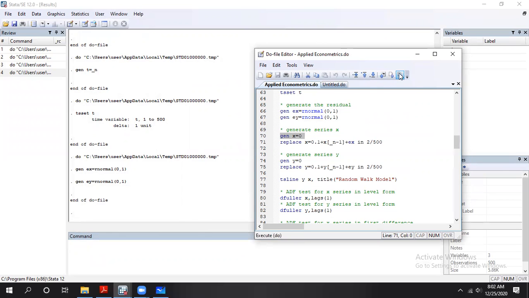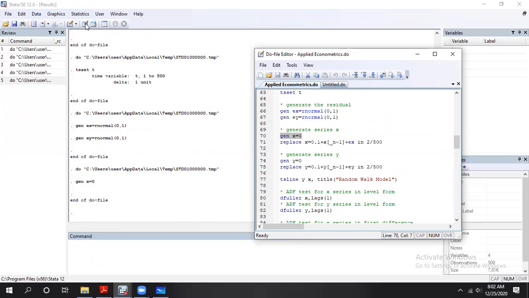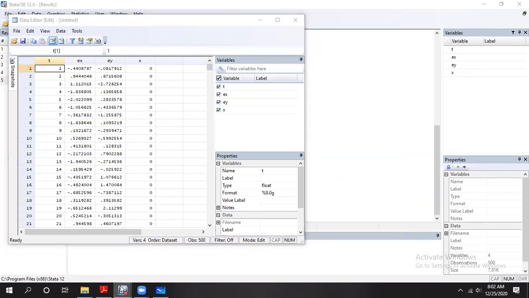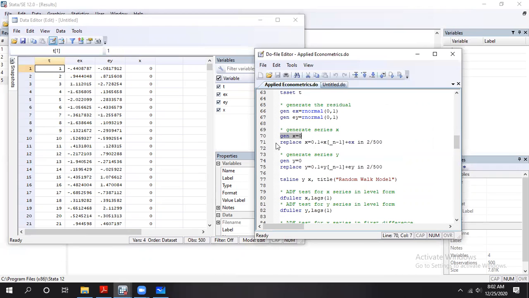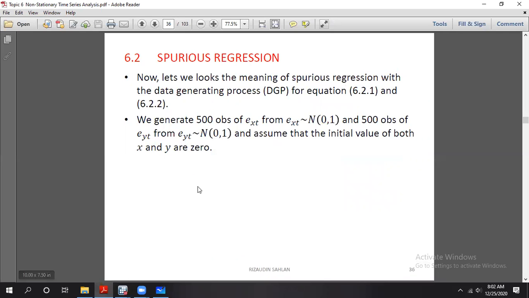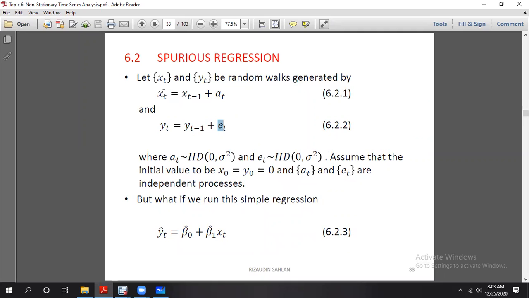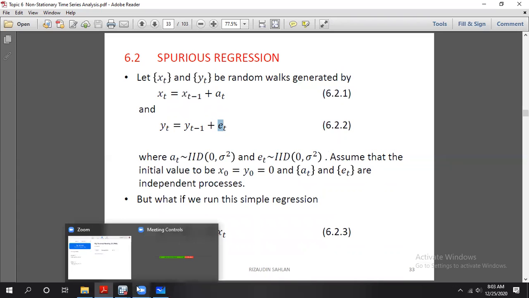Then we want to generate this variable based on xt equal to xt minus 1 plus the error, and the error we have already generated.